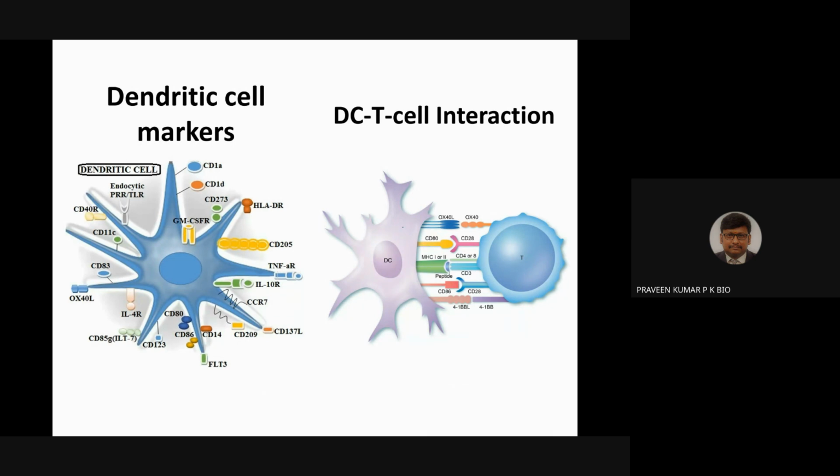If the DC is activated, the DC alone can go and combat the cancer cells, and the T cell also gets immunity. We have memory T cells also. Cytotoxic T cells directly go and combat the cancer cells. Helper T cells take help from cytokines for combating the cancer cells.